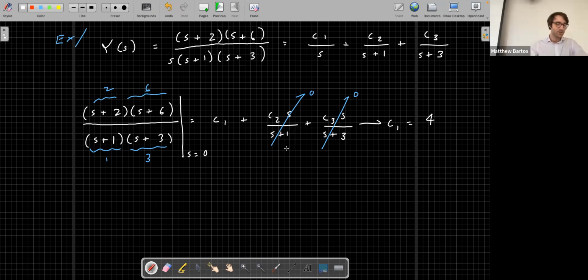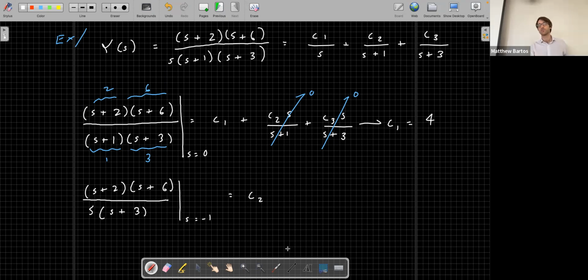All right, so let's go ahead and do this for the second root of the denominator. We end up with s plus 2, s plus 6 over s times s plus 3, evaluated at s equal to -1, is equal to, and we can just skip this step, we know these other terms will go to 0, and so we will end up with just C2 on the right-hand side.